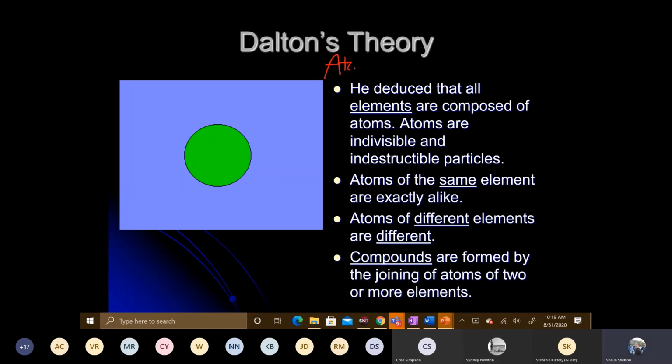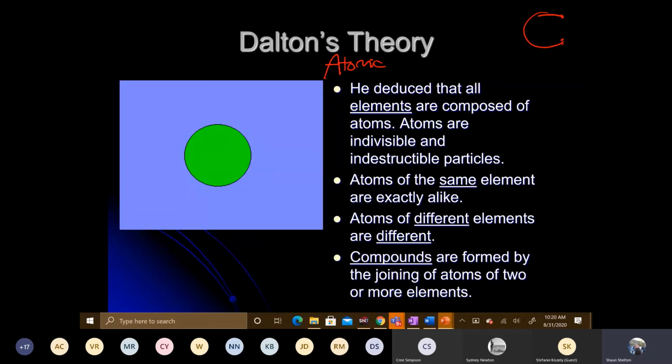This is Dalton's atomic theory. Who has heard of Dalton's atomic theory before? Yeah. Dalton's atomic theory is an important theory because, obviously, theories can be changed, but his theory has not changed. Democritus said that the atom was a billiard ball.